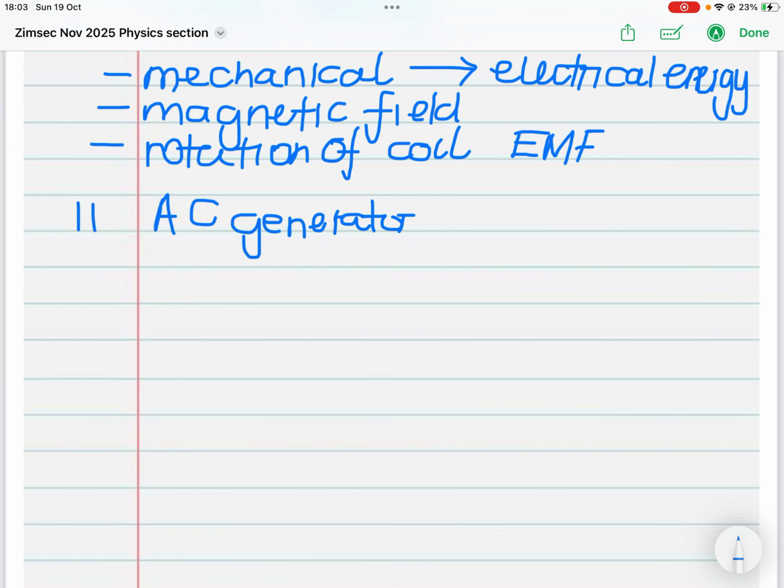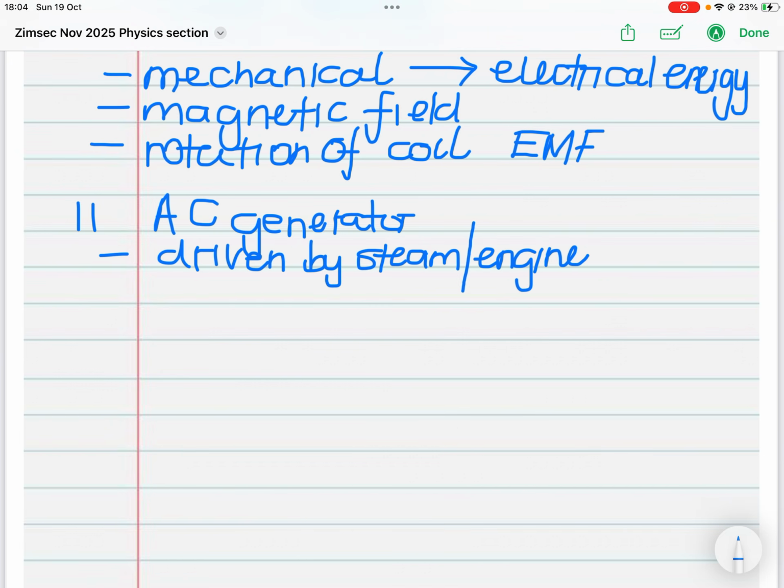An AC generator is driven by either a steam turbine or a diesel engine. These are the two that drive the AC generator.